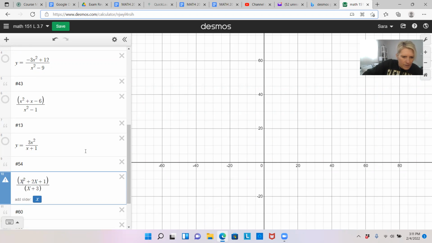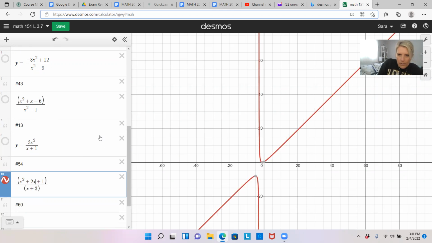Just little x's. Oh, I didn't name it. When you do a big X, it thinks you want to do a slider bar function. Nope, this is an x, and they should all be little x's. Okay, there we go. So yep, just what we drew. Isn't that so cool? I just think they look so cool.